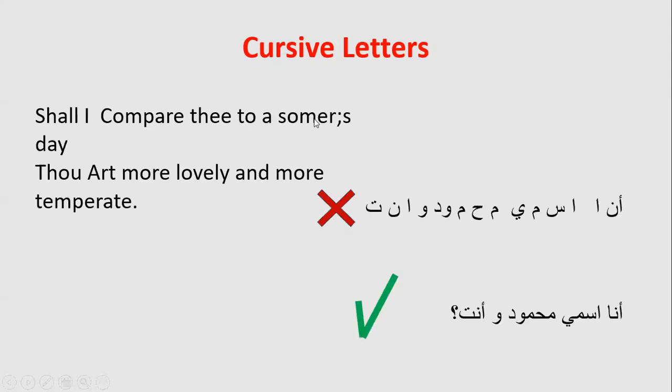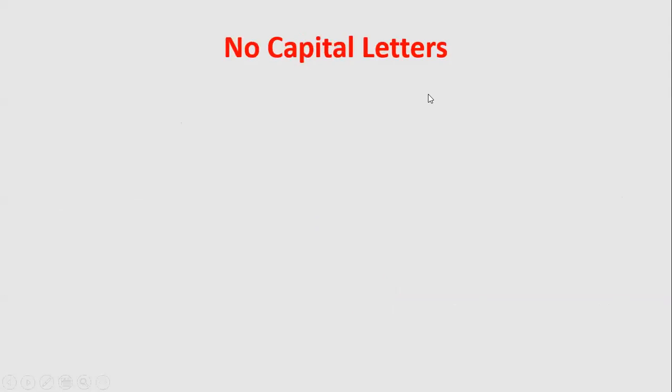Number 3: Arabic has no capital letters, because, as we said before, it is cursive. Arabic has 3 forms of the letter. This is the isolated form of the letter.